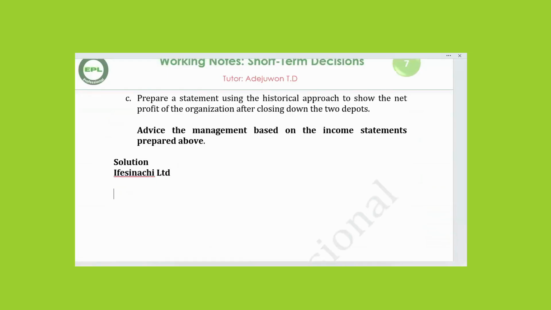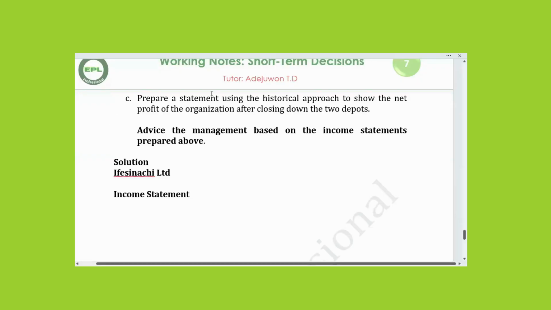The first thing you want to do, number A, is to prepare income statements. This income statement does not relate to any of the segments. It does not relate to either Benin or Kaduna. It's for everyone. You want to prepare the income statement for Ife Sinachi Limited to know the reason why the company is thinking of closing down the Benin and Kaduna depots.